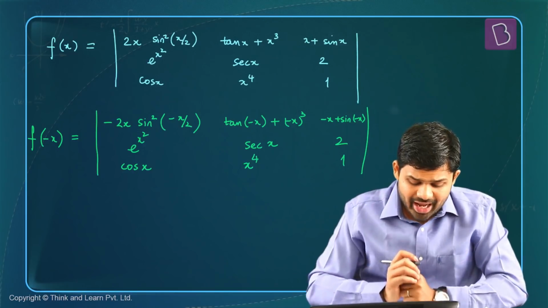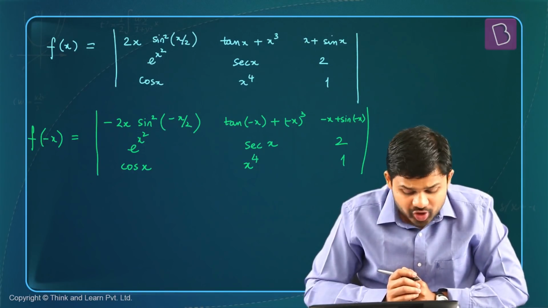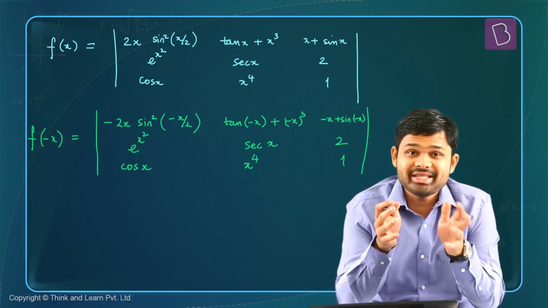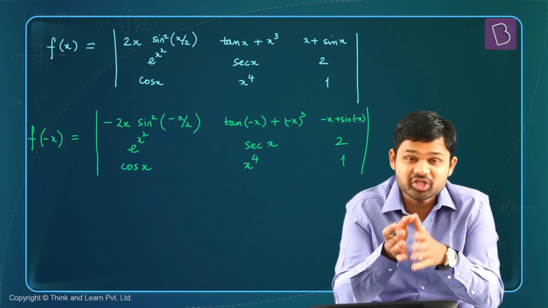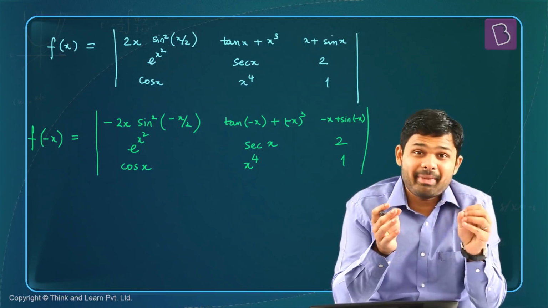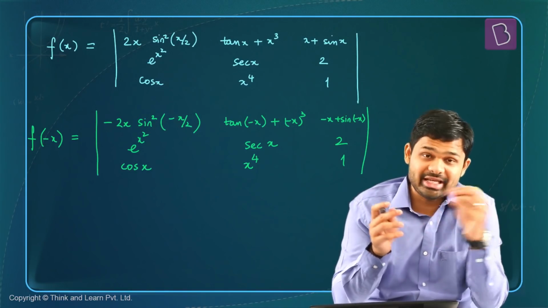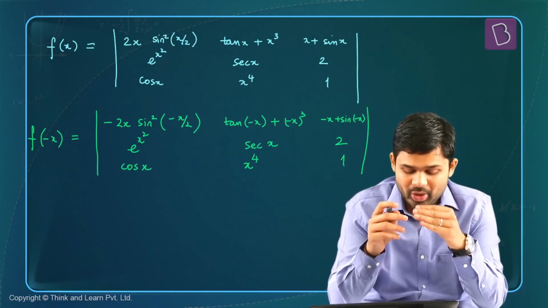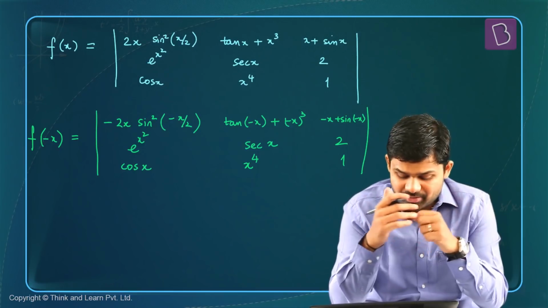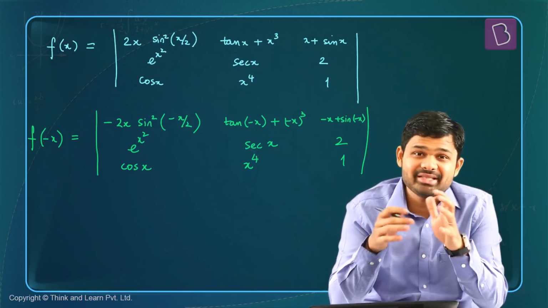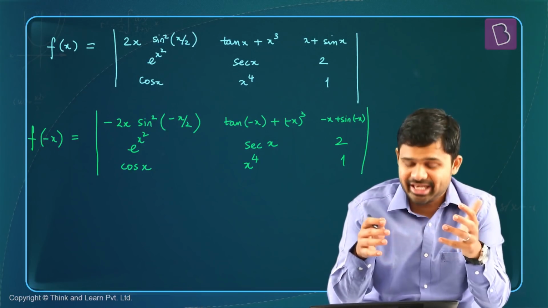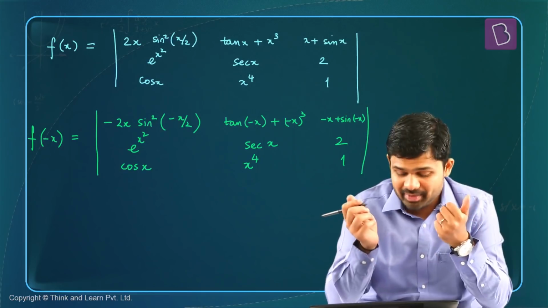So let's analyze what happens in the first row here. In the first row, you have minus 2x times sine square minus x by 2. Sine square minus x by 2 is an even function, but because there is a minus 2x, you can take the minus common out from there and write it as 2x sine square minus x by 2. Tan minus x is nothing but minus tan x, plus minus x the whole cube is nothing but minus x cube. So you can take a minus from there as well.